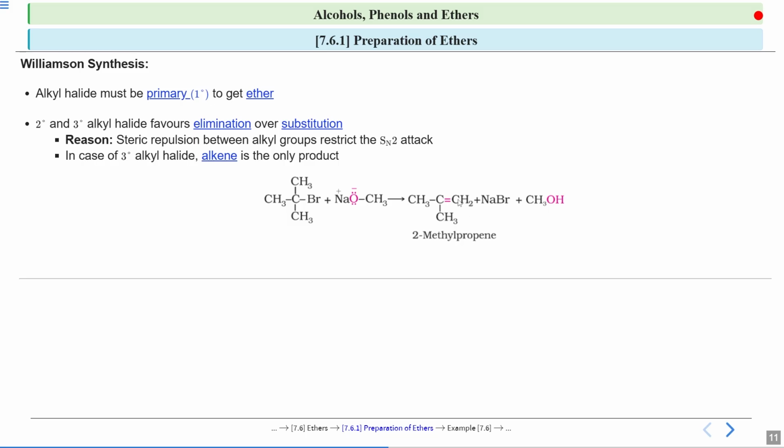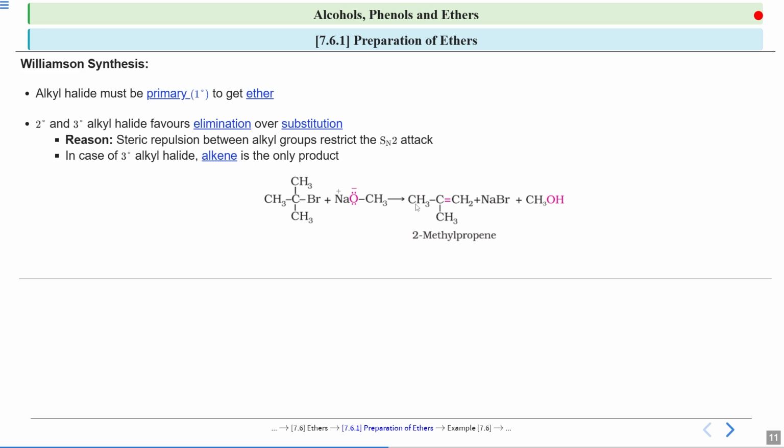So alkene is formed, and Na plus Br minus, so NaBr, and CH3OH. CH3 from here and this oxygen, and one of these methyl groups has lost one hydrogen, so it has formed CH3OH, and sodium bromide, and here you are getting an alkene, that is 2-methyl propene.